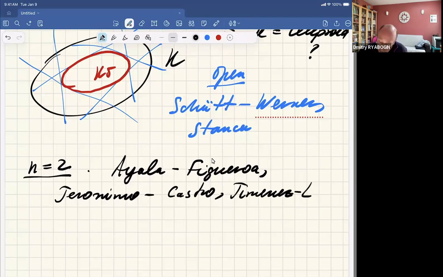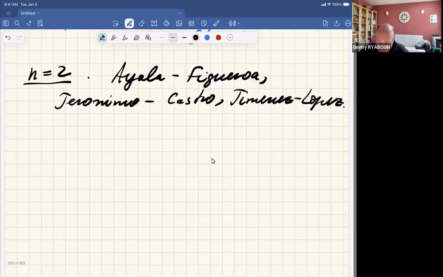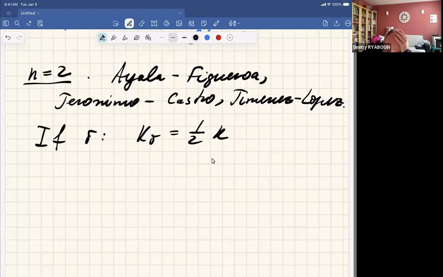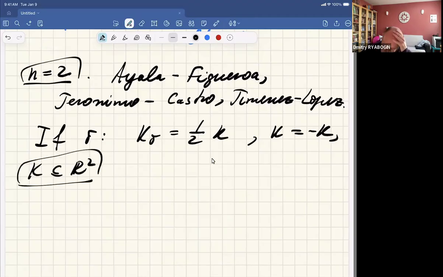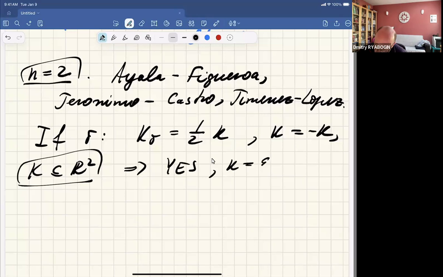I apologize for my pronunciation of their names. They gave an absolutely gorgeous proof. The proof shows that if delta is such that K delta is exactly half of K, and K is origin symmetric, and K is in R2, then the answer is affirmative, yes. So K is an ellipsoid.